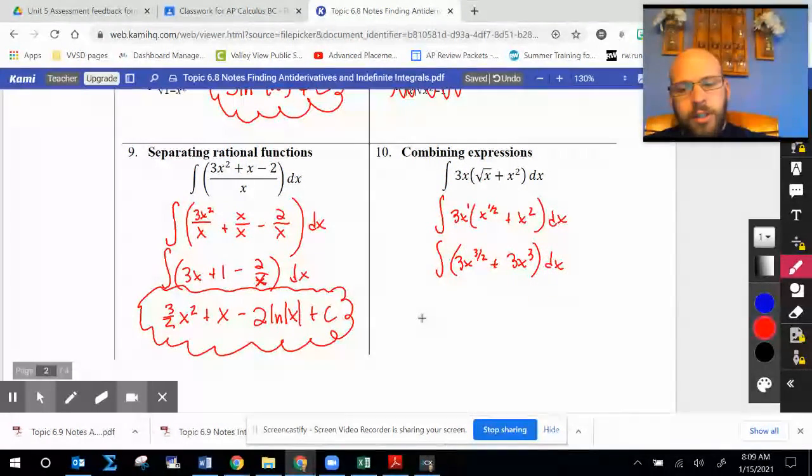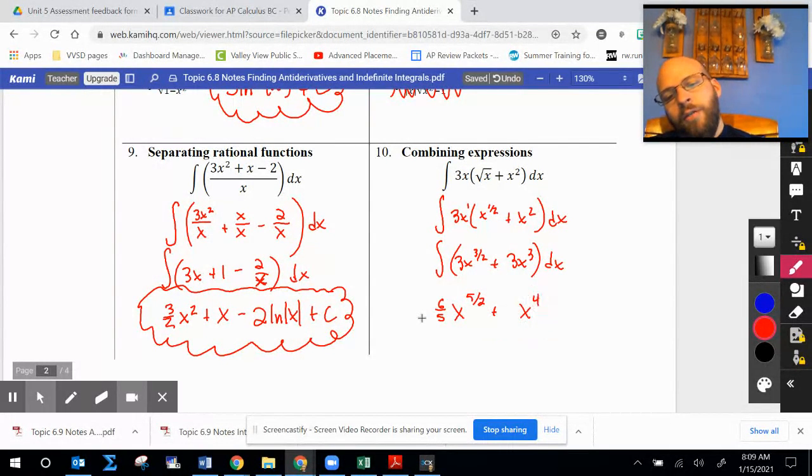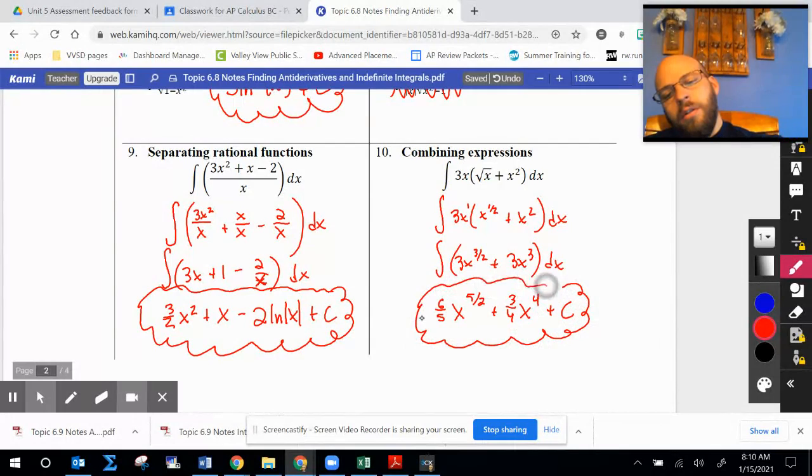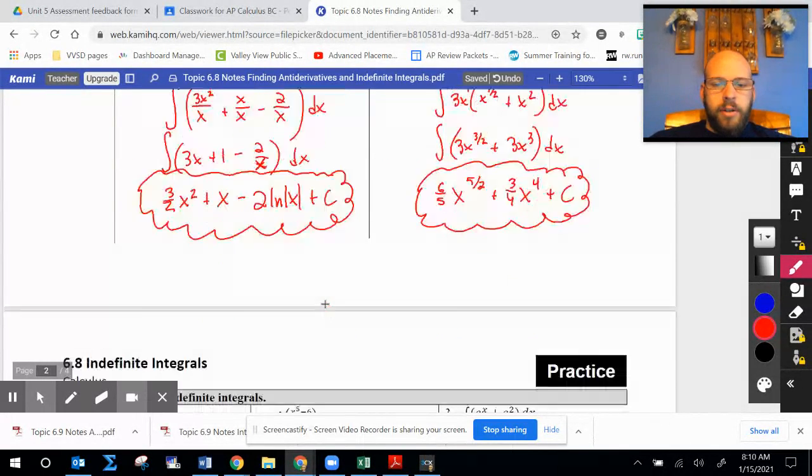So now if I take the antiderivative, I'm going to get x to the 5 halves multiplied by the reciprocal. So 3 times 2 fifths would give me 6 fifths. Plus now x to the 4th reciprocal, 3 fourths plus c. Okay, and that would be my answer.